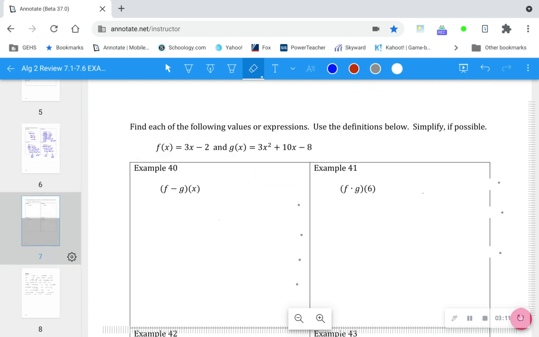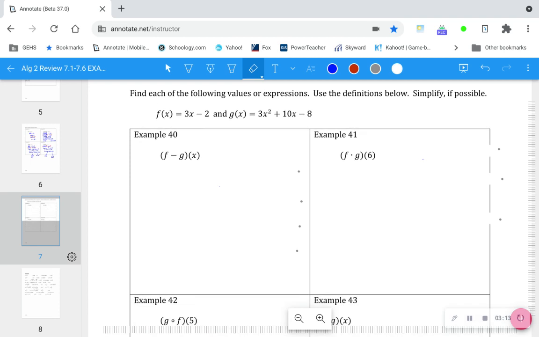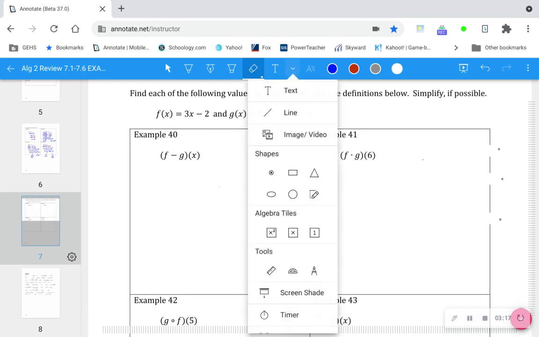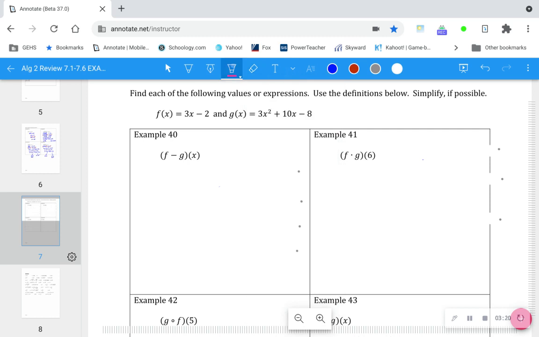All right, example 40, where we have function notation here, and I have the definitions up at the top there. It defines f of x as 3x minus 2, and the other one, g of x, is 3x squared plus 10x minus 8. Okay, and in example number 40, we have f minus g of x, which is f of x minus g of x. That's what that means.